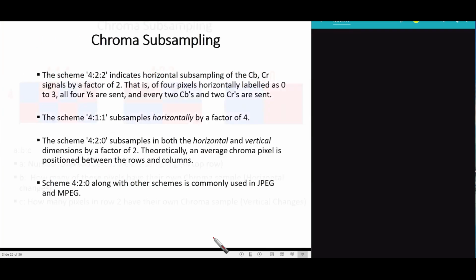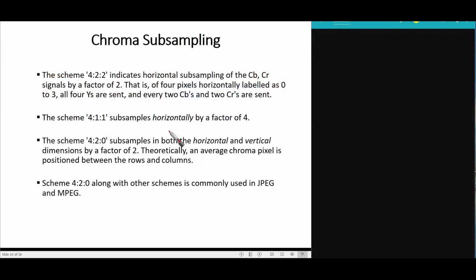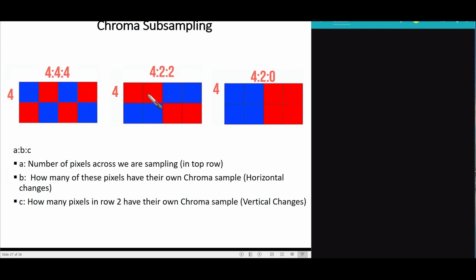Okay, but 422, what does it mean? You can already imagine, it means a factor of 2. That means compared to our original color information, we are now transmitting almost half of the color information. And how about the 420?